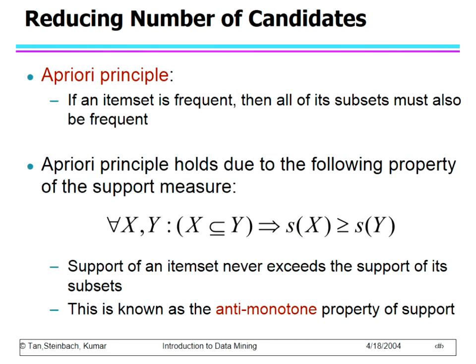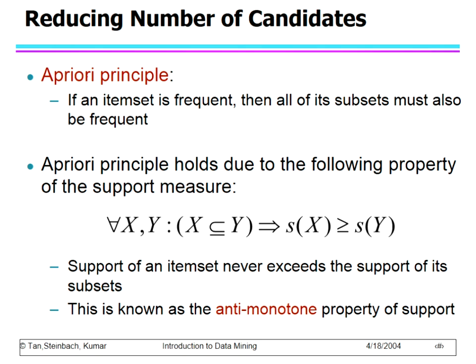So, for the a priori principle, the a priori principle says that if an item set is frequent, then all its subsets must also be frequent.